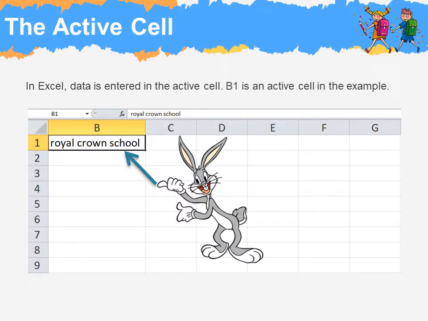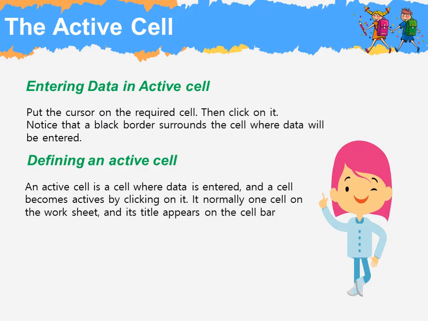Now the active cell. In Excel, data is entered in the active cell. B1 here is the active cell in the example. How do we enter data in the active cell? Put the cursor in the required cell, then click on it.